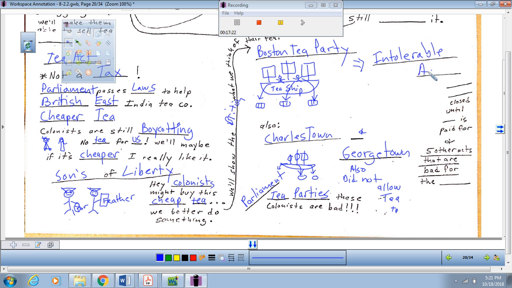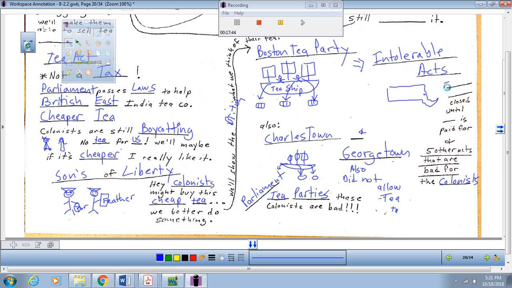The Intolerable Acts were 5 acts that were really bad for the colonists. One of these acts, which once again were lumped into the whole group of the Intolerable Acts, closed Boston ports.